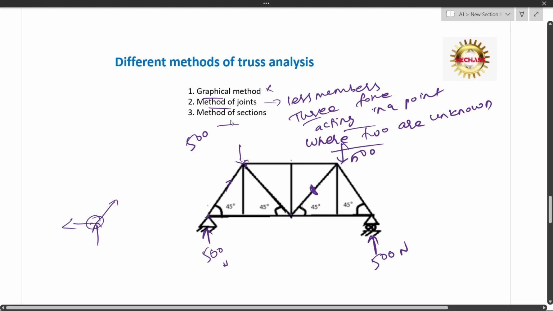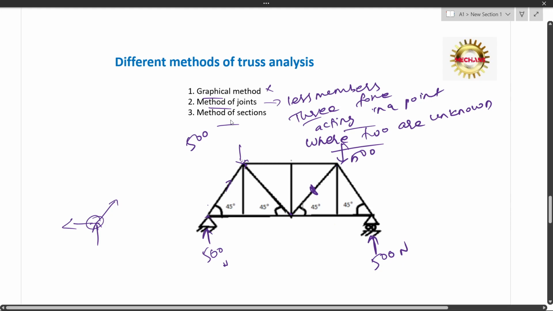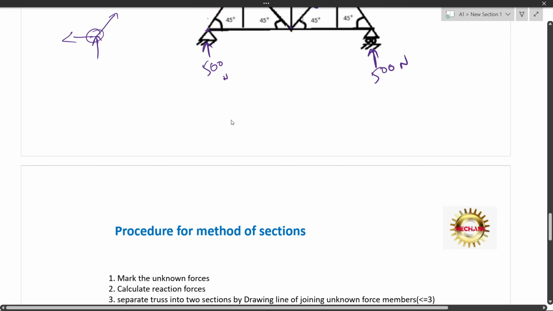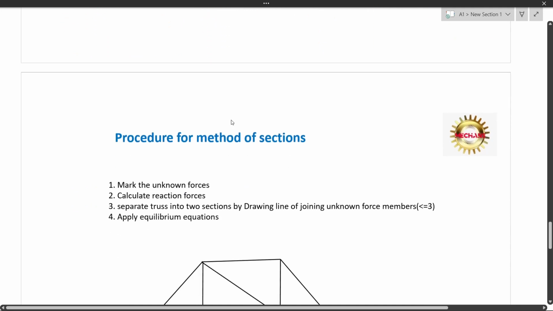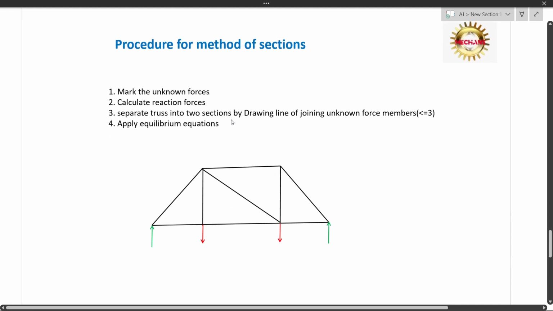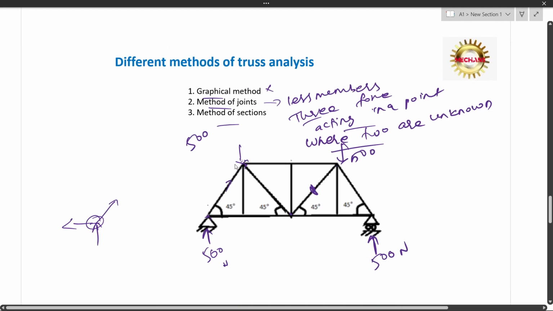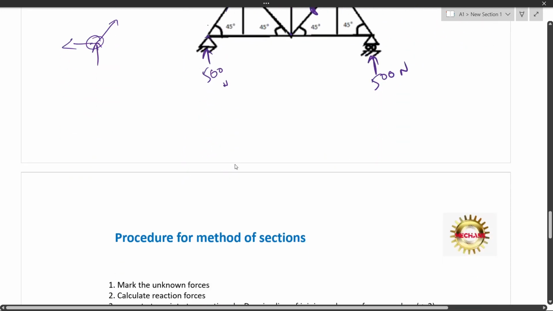The method of sections can be used for a large number of members, and by large I mean up to three unknown forces, and it can be used for any kind of frame or truss. So we can neglect the method of joints and simply use the method of sections. It's very easy compared to the method of joints.